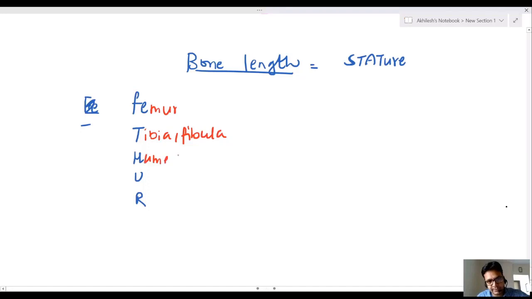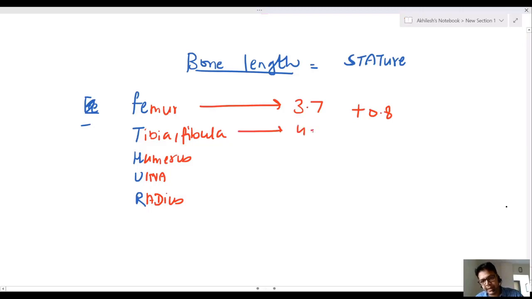H for humerus. U for ulna. R for radius. Now, sir, what is the multiplication factor? Just remember 3.7, then add 0.8 each time. Fitur: 3.7 plus 0.8 is 4.5. 4.5 plus 0.8 is 5.3. 5.3 plus 0.8 is 6.1. But at the last, you add 0.4, making 6.5.